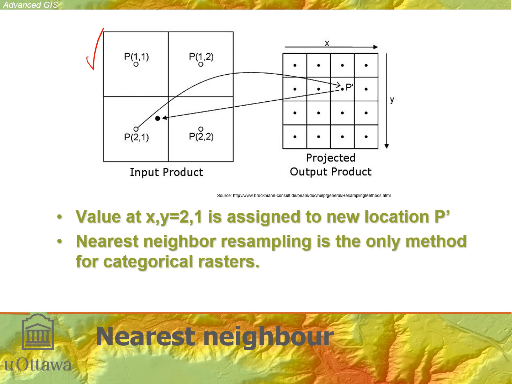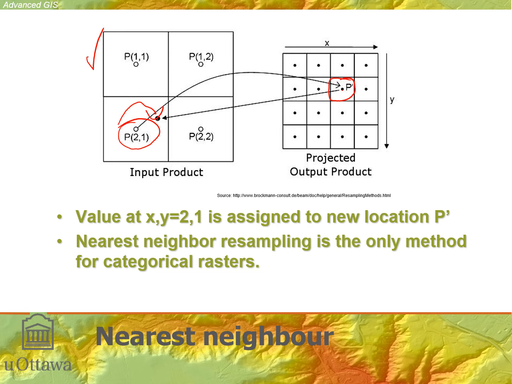We need to find a value for this cell here. We find where that cell center is in the old coordinate system, and we find the nearest neighboring one right there. The nearest neighboring one to the new cell center is the value for this cell, and so that's assigned here and goes back over here. So it's another way to look at it. Same thing, three ways to look at the same thing.